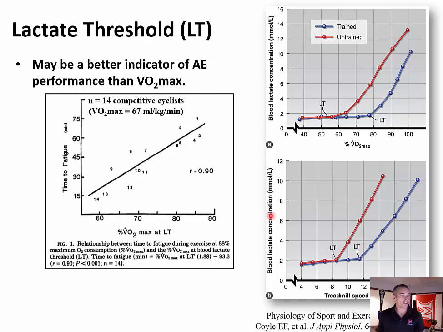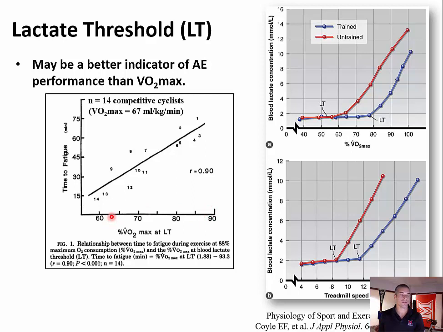So in this study, they had these cyclists basically perform a time to fatigue test. And that time to fatigue occurred during exercise at 88% of their VO2 max, so very high intensity. And then they measured their blood lactate concentration at various intensities or percentages of that VO2 max.